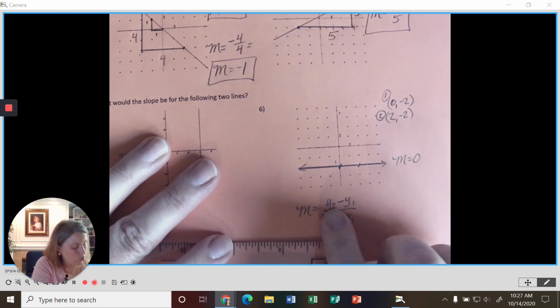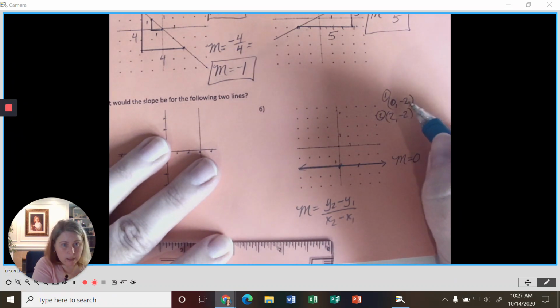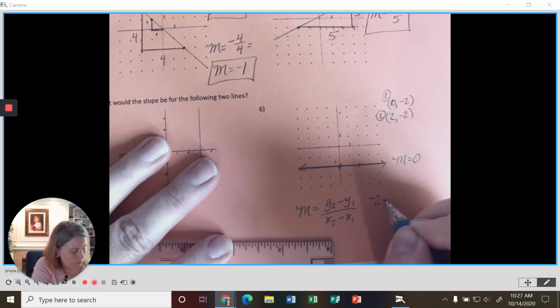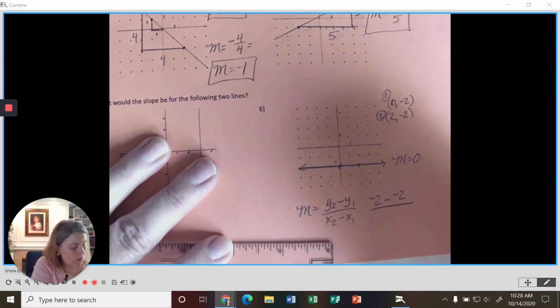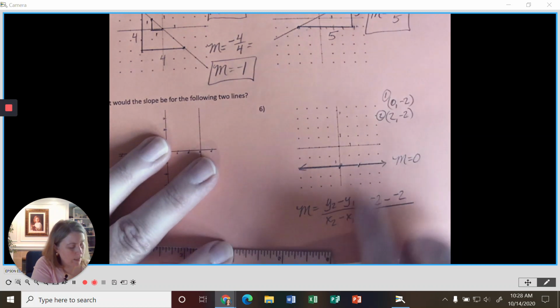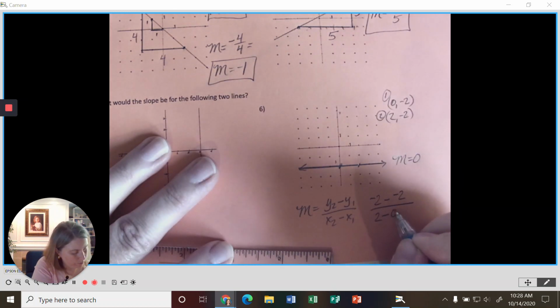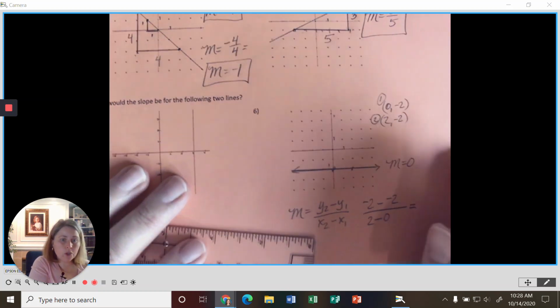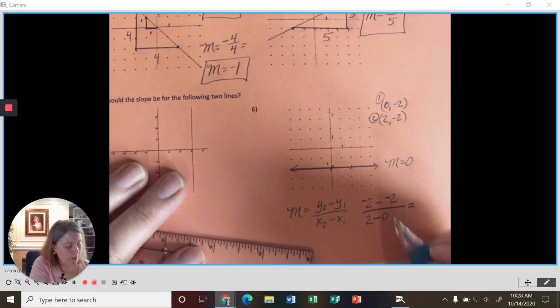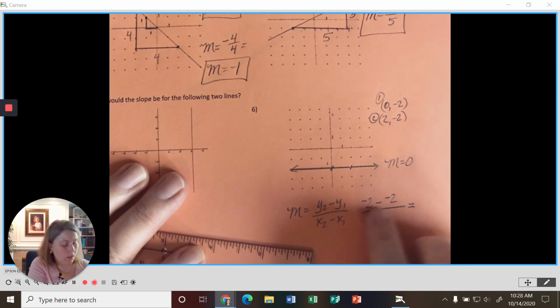So y sub 2 minus y sub 1 will be -2 minus -2, and then x sub 2 minus x sub 1 will be 2 minus 0. Let's simplify with integers. Never subtract, add the opposite. So instead of take away -2, we can add a +2.